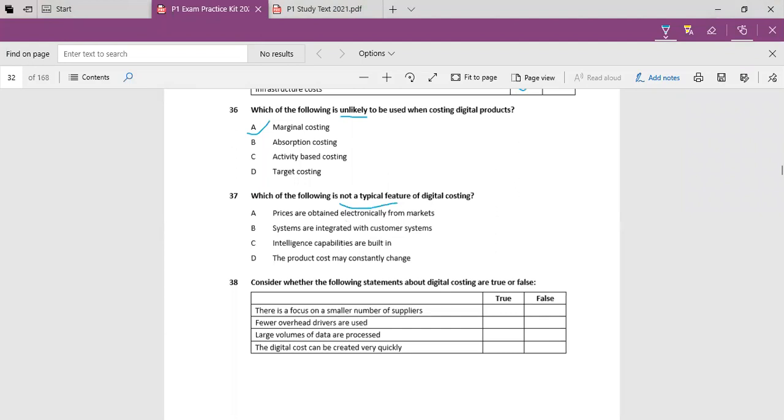That was my logic. I don't know if it's right. Prices obtained electronically from markets is a feature of digital costing. So, no, ma'am, B. The product cost may constantly change. Then, B. Okay, I'm sorry, I heard it as A. That's why I paused for a minute.